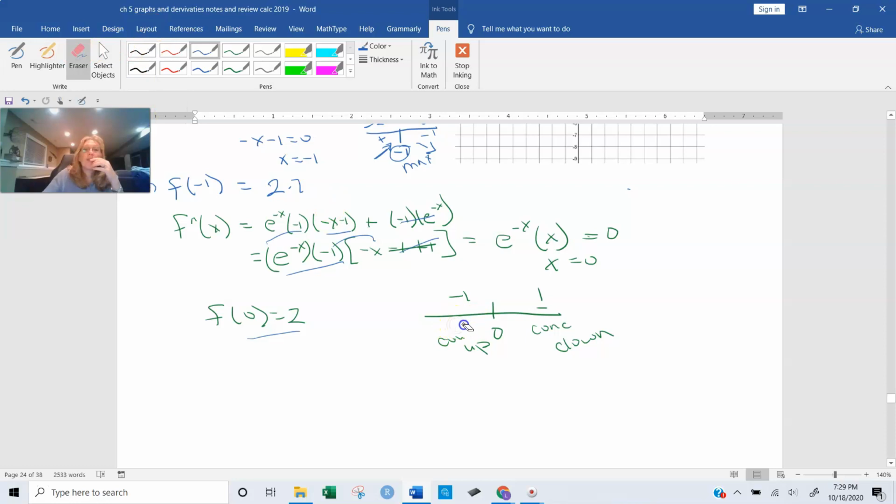When you plug in a -1, you get a negative number, because when you plug in a -1 up here, it's e to the first times a -1, so that's 2.7 times -1, which is negative. This guy is concave down. And when you plug in the positive, this guy is now positive, making him concave up.